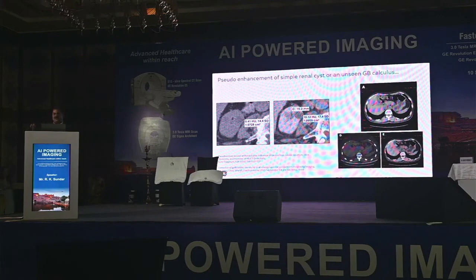This is today's problem with the current routine CTs, whereas spectral CT can now clearly say which material it is, whether it is a tumor or a cyst, very clearly. That's why we say spectral CT is more sensitive and more specific in identifying non-conspicuous small lesions.